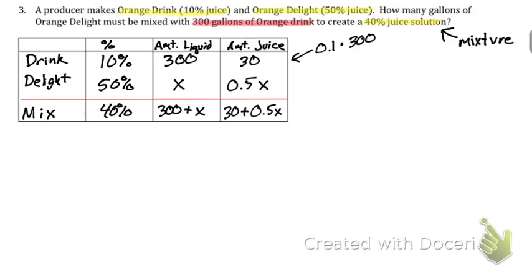Once again, we have 3 different equations. We have one running across here, one running across here, and one running across here. In fact, our equations are all going to be the percent times the amount of liquid equals our amount of juice. If I do this here, 10% times 300 equals 30.